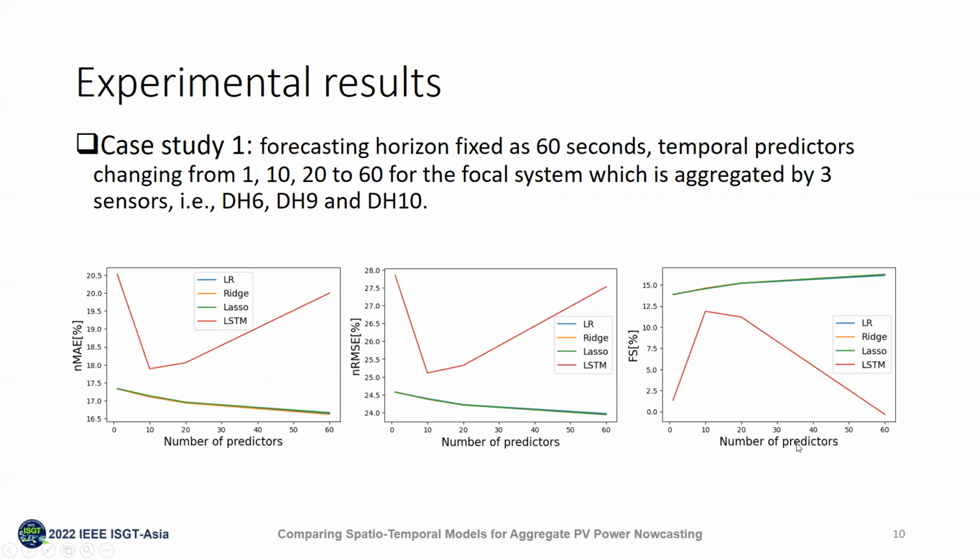We can see that the NMAE and NRMSE for the regression family are decreasing with the number of predictors increasing. And they get the best FS when the number of predictors is 60. For LSTM, it gets the best FS when the number of predictors is 10.